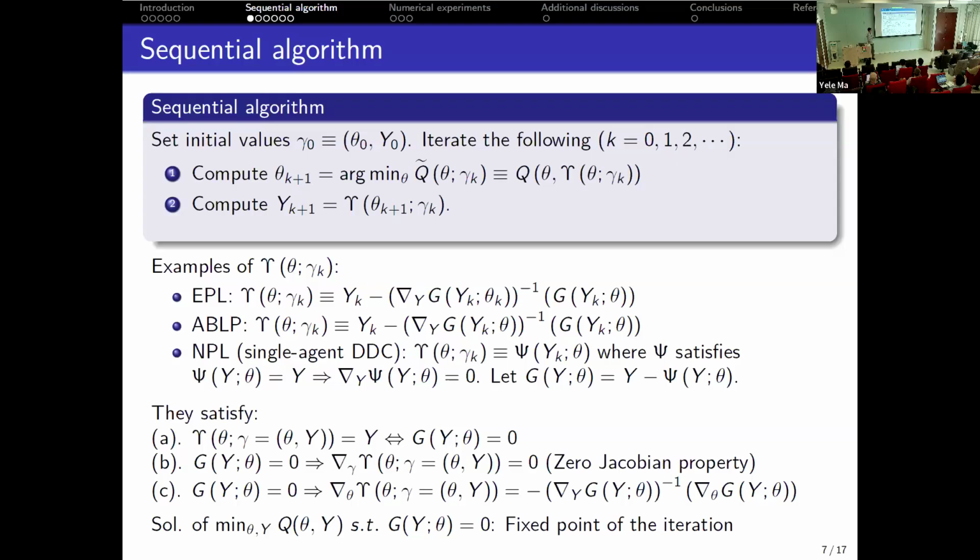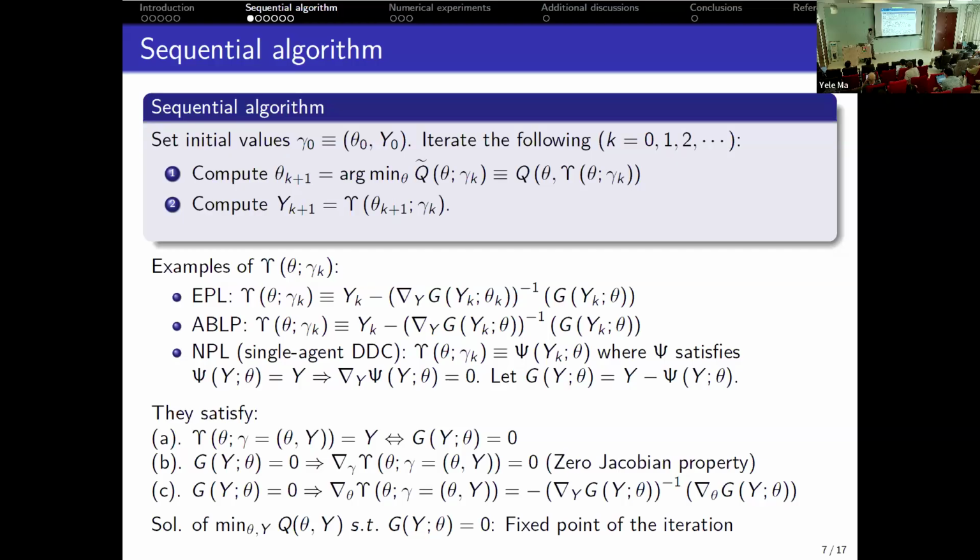So far, several forms of epsilon theta gamma k have been proposed. And these are examples. And we can easily show that they satisfy these three conditions.